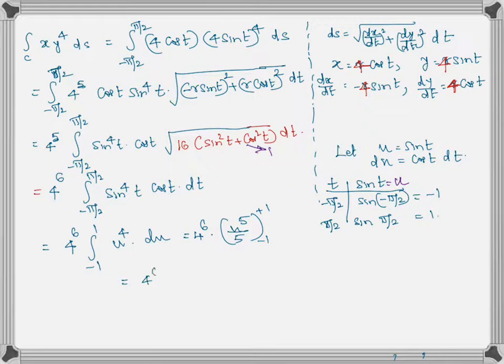Evaluating this definite integral, we get 4 to the power 6 over 5 times 1 minus minus 1, which is equal to 2 over 5 times 4 to the power 6. That is the line integral value for this scalar function x times y to the power 4 over the curve C, where C is the right part of the circle x square plus y square equal to 16.